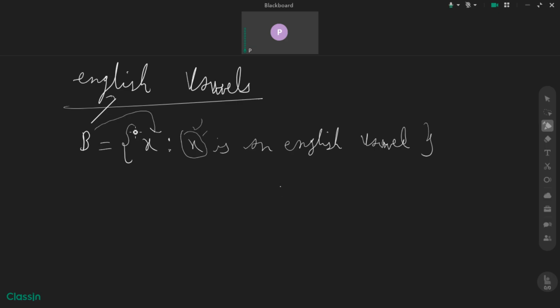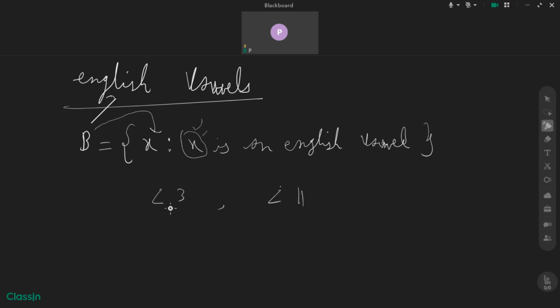Let us take a set that I have to represent in set builder form. The set is the set of elements from the set of all natural numbers that are greater than 3 and less than 11.